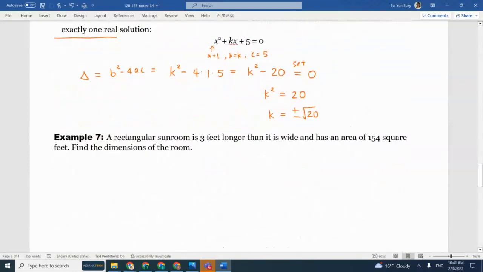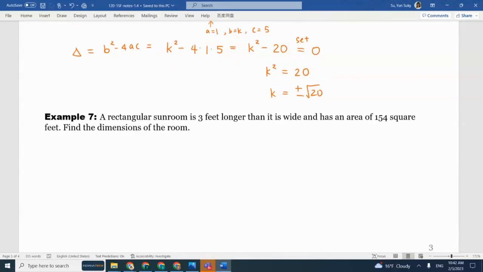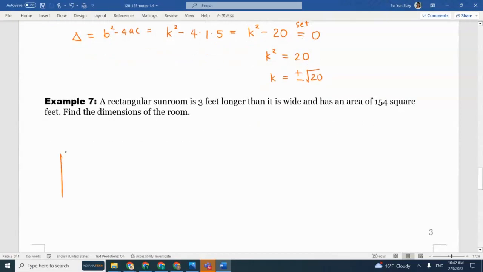Let's look at some application problems. A rectangular sunroom is 3 feet longer than it is wide and has an area of 154 square feet. Find the dimensions of the room. Rectangle. Remember our two-dimensional figures? Rectangles, we have length and width, right, everybody?